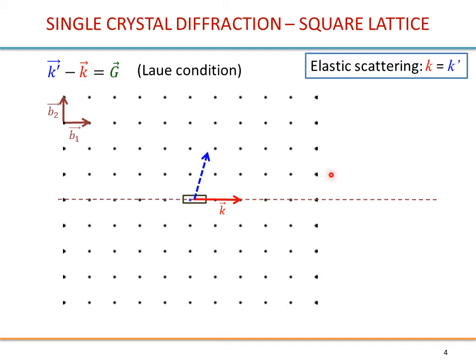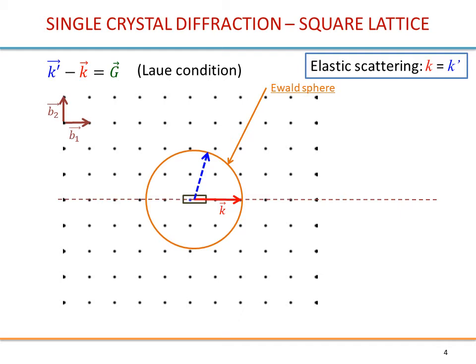Since k equals k prime, the tip of k prime must be on this circle, which would be a sphere in three dimensions, and this is called the Ewald sphere. We must fulfill this condition: k prime minus k must be a reciprocal lattice vector if we want constructive interference.